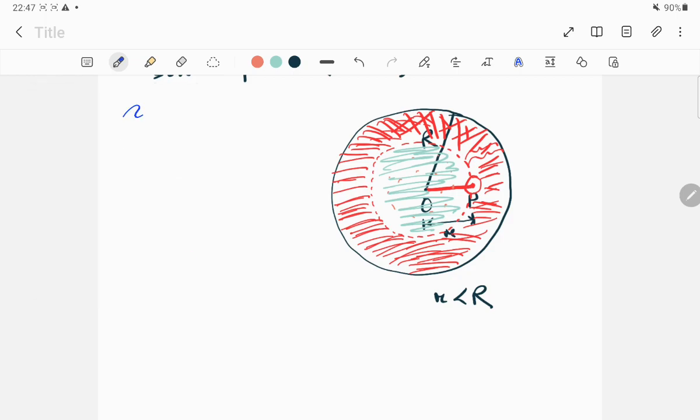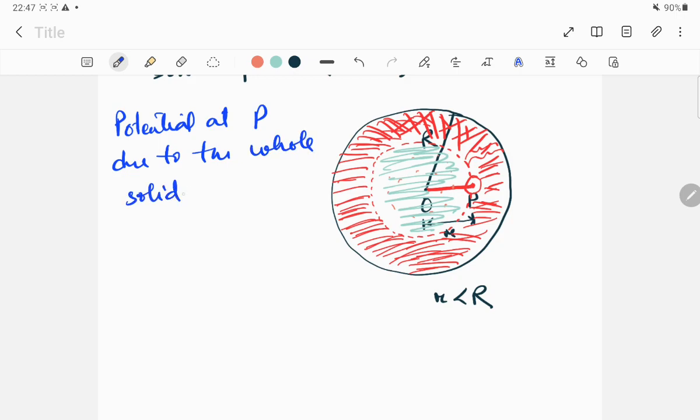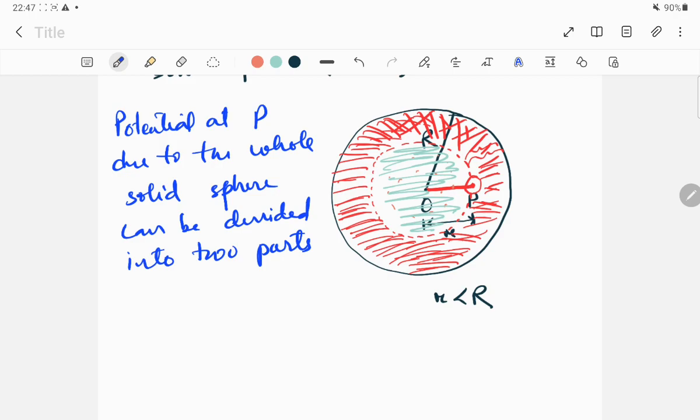Okay, fine. So we will say that the potential at P due to the whole solid sphere can be divided into two parts.